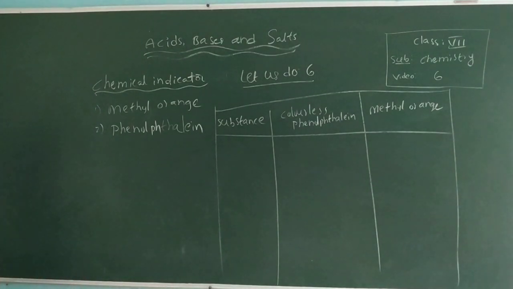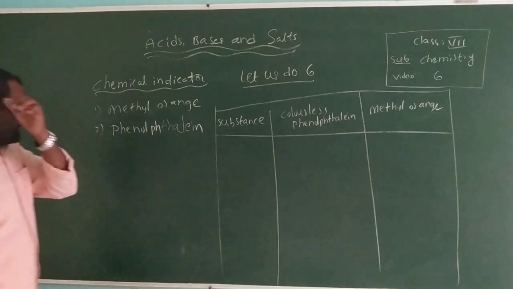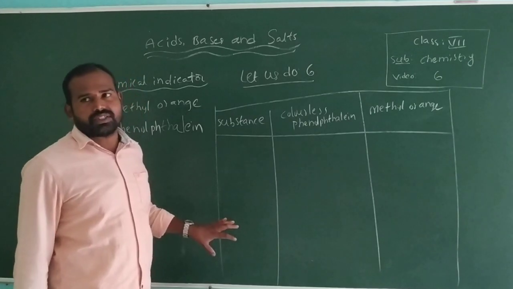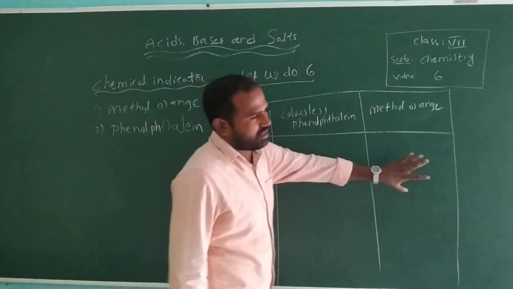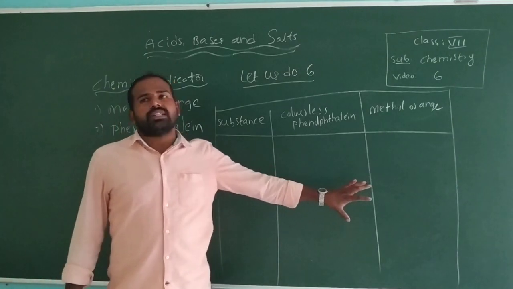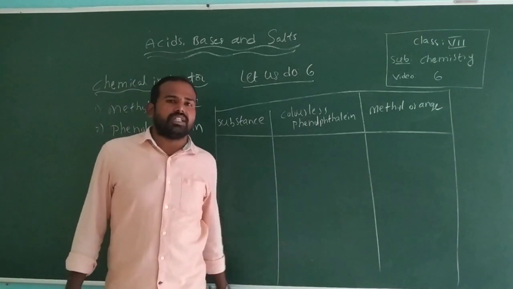The table has so many substances, so I will take some examples. I will give a hint by taking two examples of acids and two examples of bases, and give the color changes. Based on that, you need to record your observations for the samples taken in table 3.